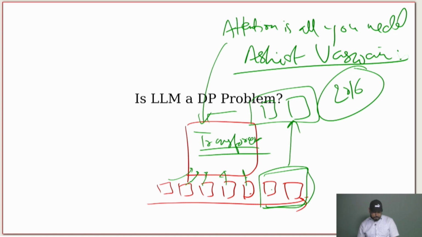Now for our purpose, we are into a dynamic programming problem. So we ask whether next token prediction is a sequential decision making problem, right? And if it is, then what are the states, what are the controls, and what could be the cost?